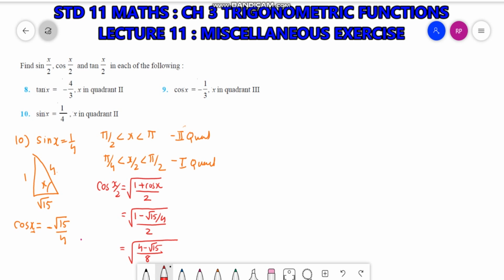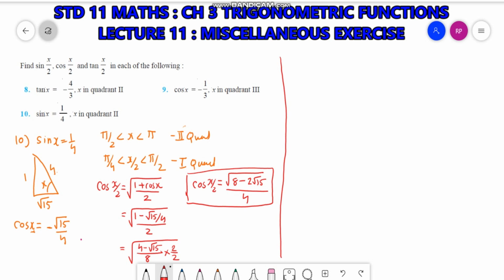Now if I want to remove the square root from the denominator, I will multiply 8 by 2, divide by 2. 8 into 2 is 16 and its square root is 4. What I get? Cos x by 2 is square root of 8 minus 2 root 15 upon 16, and its square root is 4. So this is the value of cos x by 2.